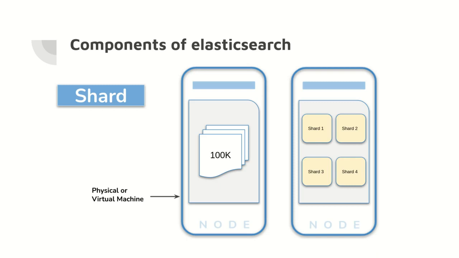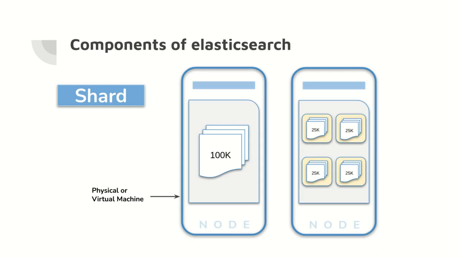Here we have 100,000 documents and 4 shards, so each shard will have 25,000 documents. These shards are distributed among different nodes when we are in a cluster, and we will see more about sharding and distribution of shards later when we discuss shards in more detail.